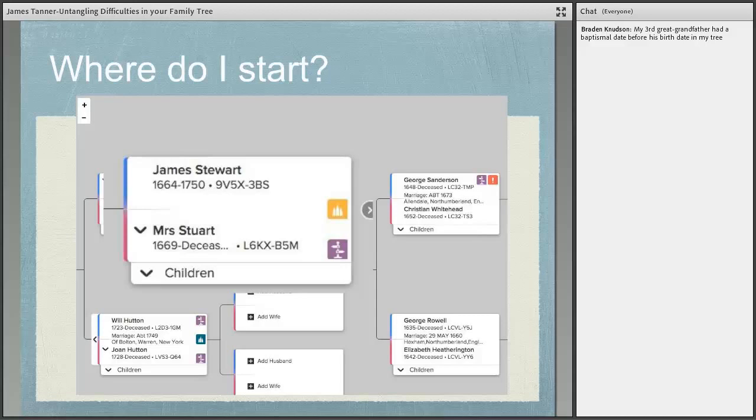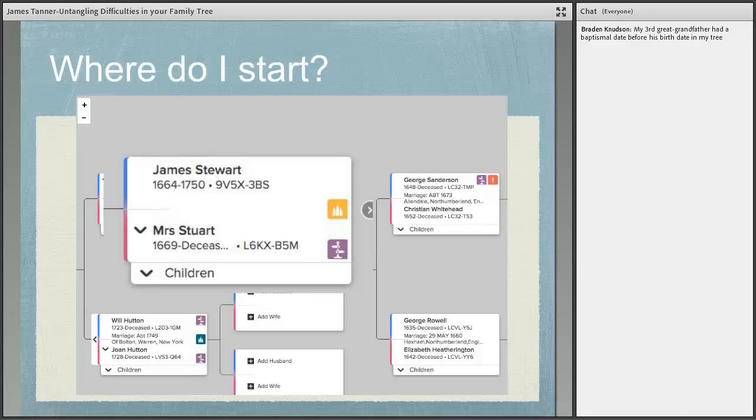They each have a different function. The purple icons generally mean that there are no sources attached. That means that there's no substantiation for the information. The red icons with the exclamation point generally are indicating serious data errors or data problems. The gold icon here has to do with LDS temple work, and this particular one means that there may be temple work available for these people if more information is obtained.